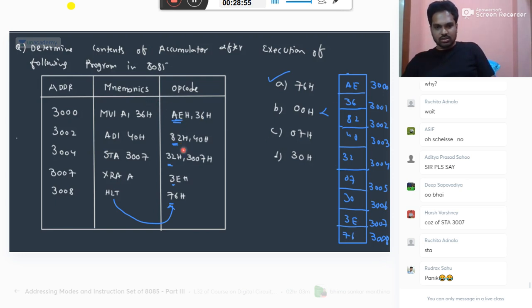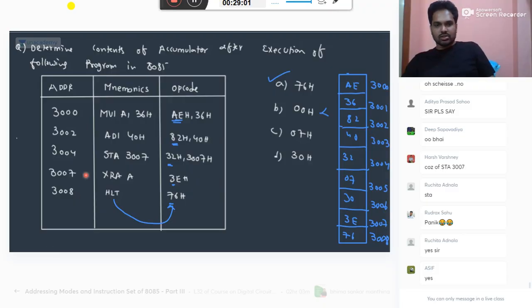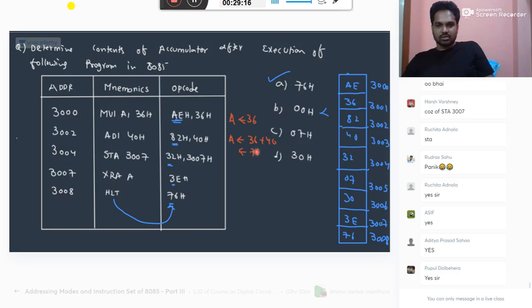So 3007 is now copied with 76. Carefully understand. 3007 is now replaced with the accumulator, that is 76. Whatever you had in 3007, this data now becomes 76.